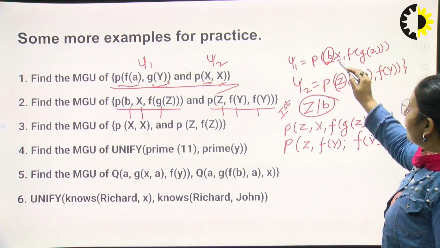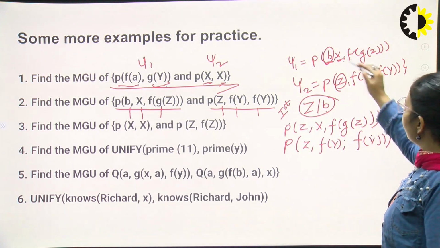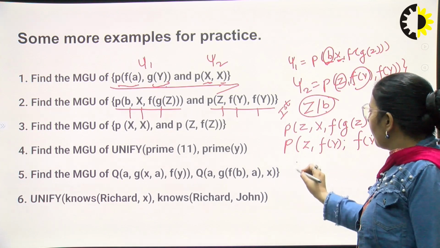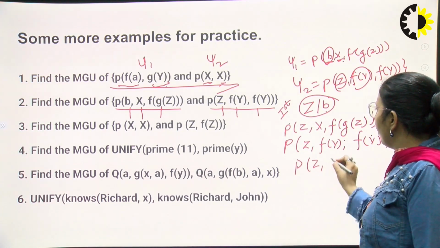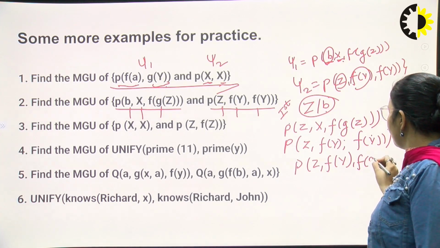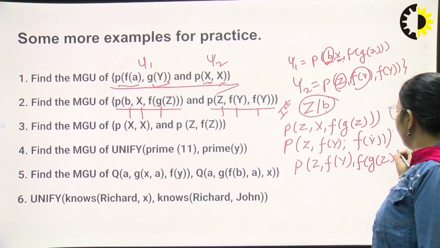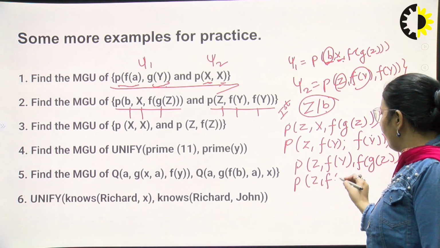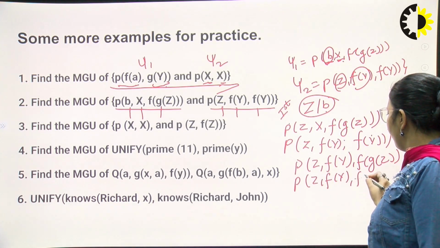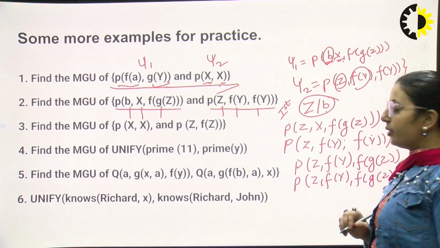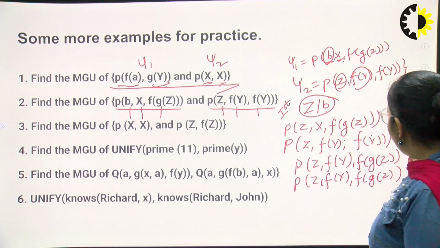In the second expression, this one is the variable. So this variable can be replaced with F of Y, and the expression will become P of Z, comma F of Y, comma F of G of Z, and P of Z, comma F of Y, comma F of G of Z. Right? Now the third expression.